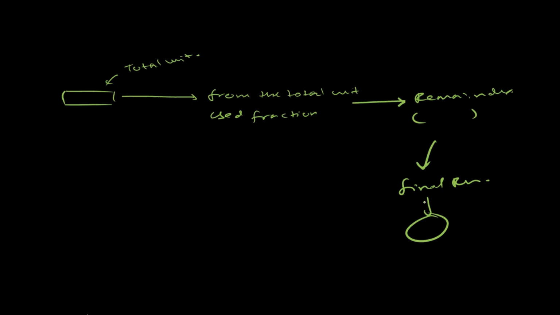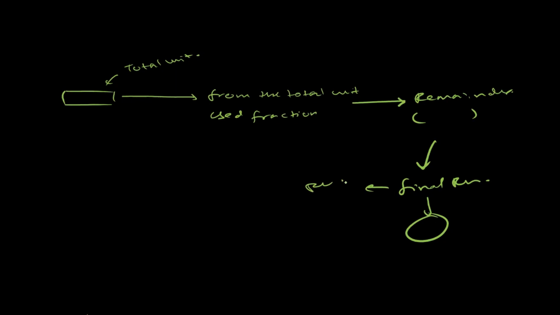Sometimes they give the final remainder's real value. If it is clothing material, they will say the final remaining clothing material length is 8 meters, 10 meters. Using that, you should be able to calculate the total length of the clothing material, the total unit. That's how they develop fractions questions.